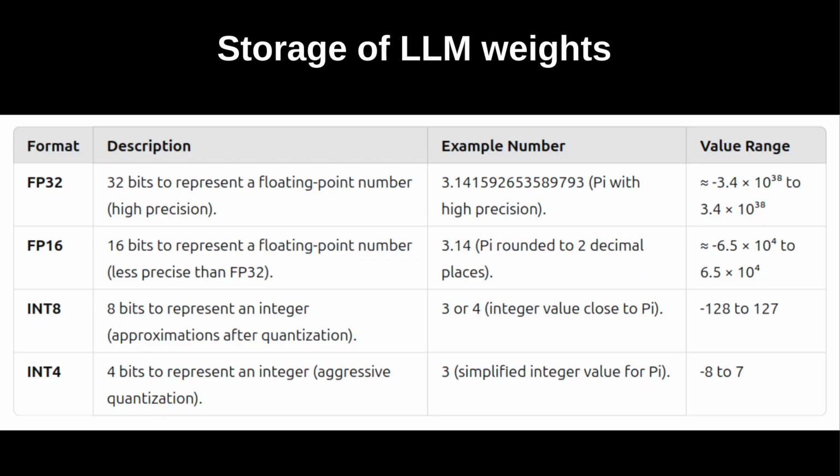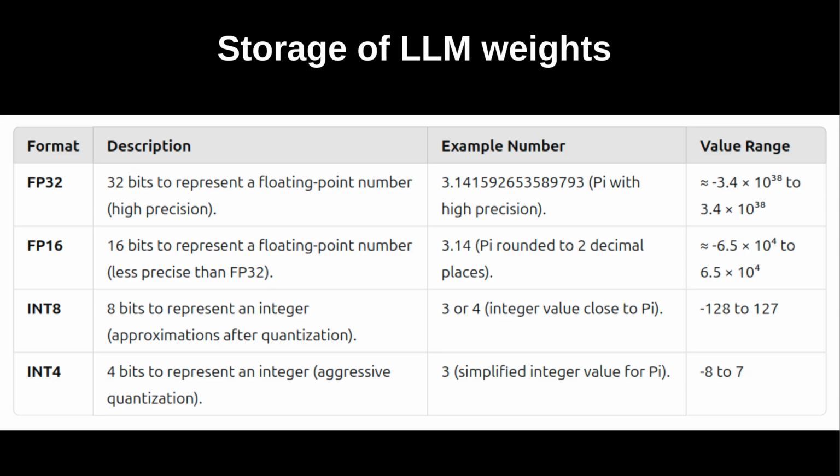To determine how much VRAM is needed to run Llama 3.3 or any other LLM, we first need to understand how LLM weights are stored. Overall, there are 4 ways to store weights for LLMs: FP32, FP16, INT8, and INT4. First, FP stands for floating point.